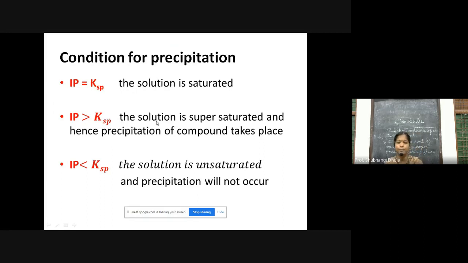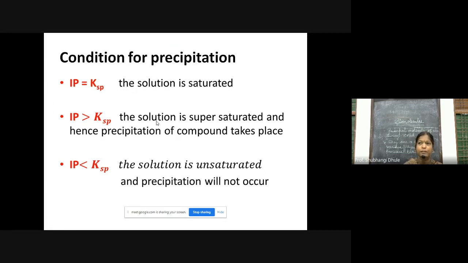Ksp is nothing but the ionic product only, but having the limiting case that above this the ions are going to be precipitated. Now how will the salt precipitate out? Suppose the example is silver bromide.